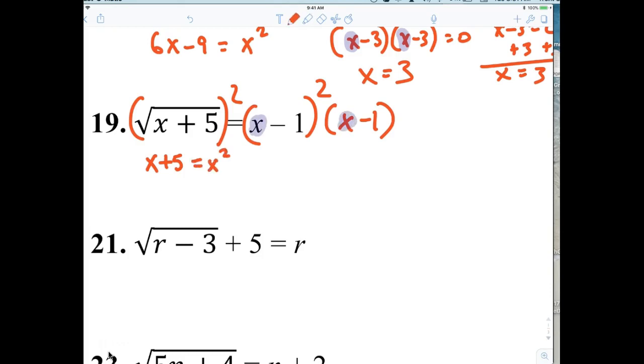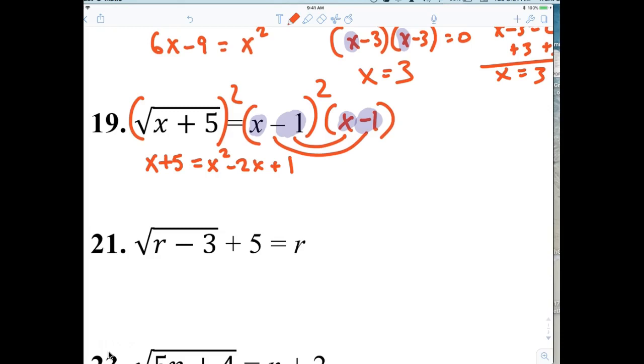Now we do the little smiley face. Negative 1x and negative 1x makes negative 2x. And negative 1 times negative 1 is positive 1. Everybody okay with that?